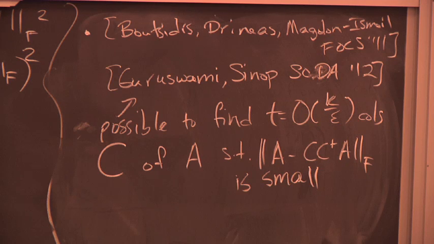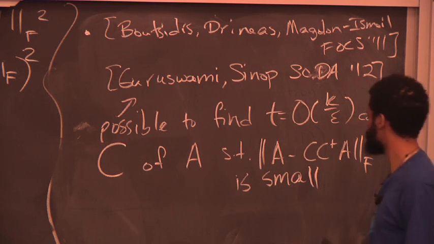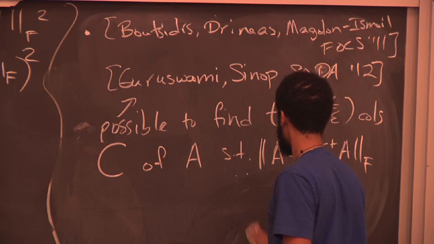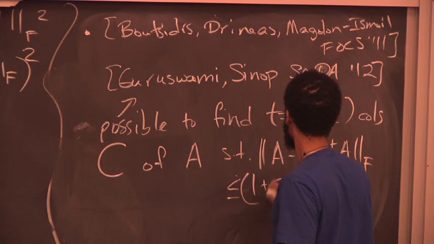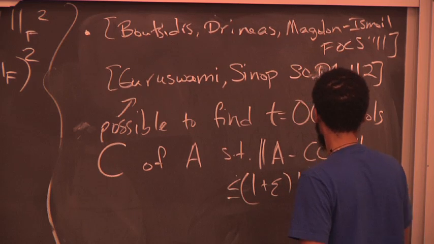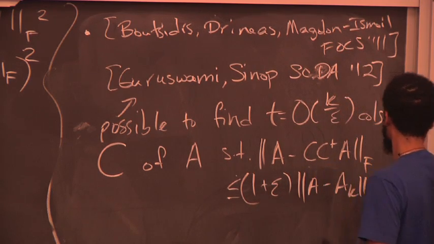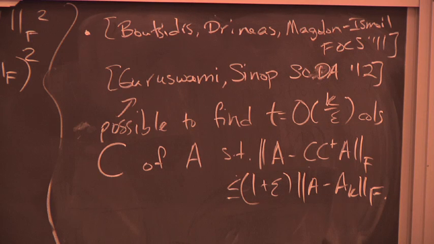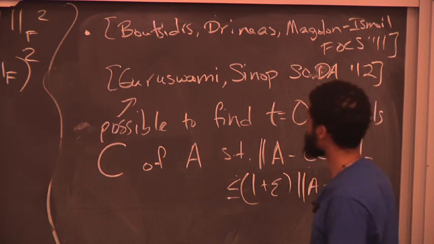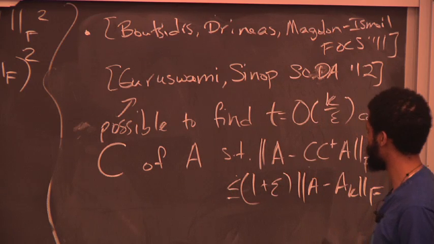Okay. And by small, I mean, say it's at most 1 plus epsilon times A minus AK. So if you want to say that there are actually few columns of the data that explain everything, then you can find that. And these are polynomial time algorithms.